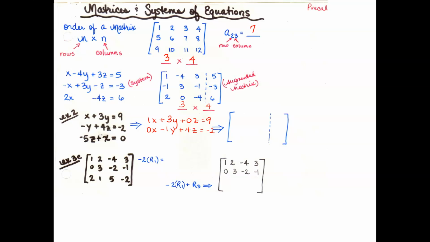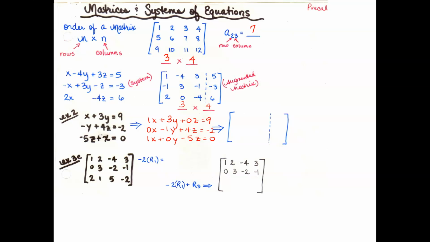It does need to go X, Y, Z. So I'm missing a Y term and this is not in the correct order. So how would I want to write my third equation? How many X's? 1x. How many Y's? 0y. And then we had the minus 5z.